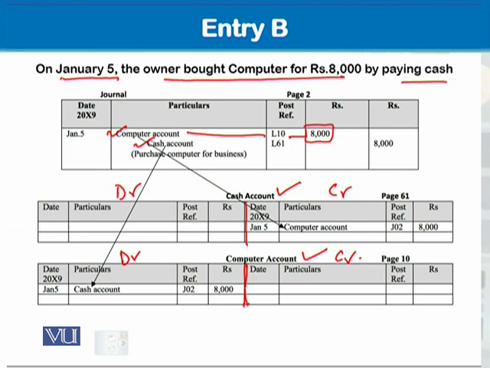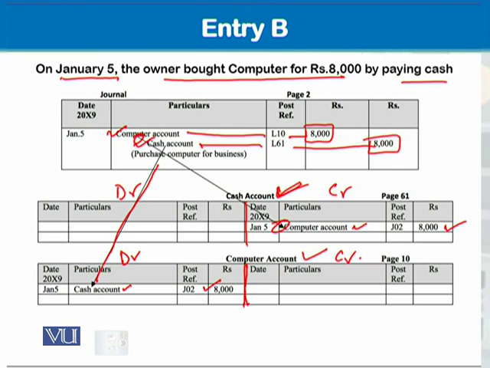Therefore, in the debit side of computer, put 8,000 and the reason would be cash. Just you can see this arrowhead is coming down. And the cash account is being credited with this 8,000. So in the cash account here, you will put in the credit side 8,000 and the reason, just see this arrowhead coming from here, is the computer account.